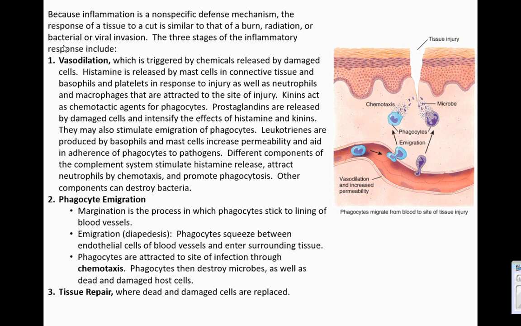Once again, we know this is an attraction to the site of injury. We call that chemotaxis, and we've talked about that before. Once there, they can then destroy the microbes as well as dead and damaged host cells, which then allows for the final step to occur, where they can be replaced, which is where the tissue is repaired.